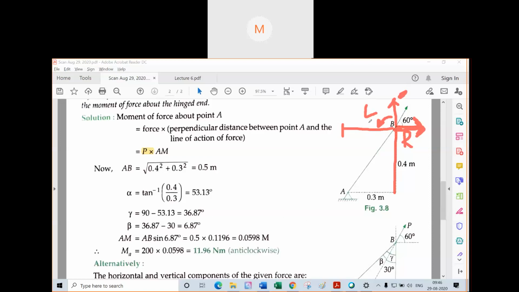I mean, if you find out the moment, you have to come to the left side. So this is considered as negative. So we have got minus 173.2, and here, this is the right side. We have to go down here. So this is considered as positive.